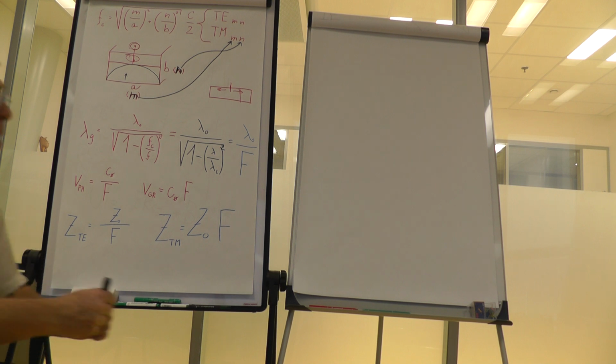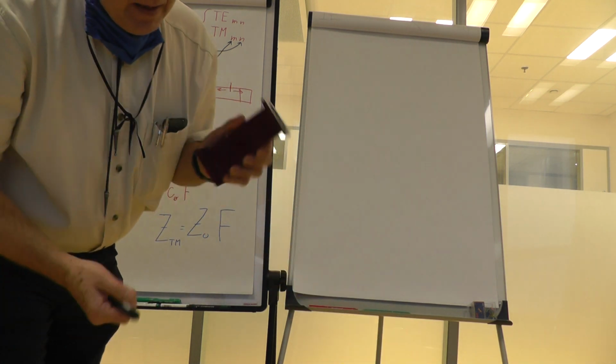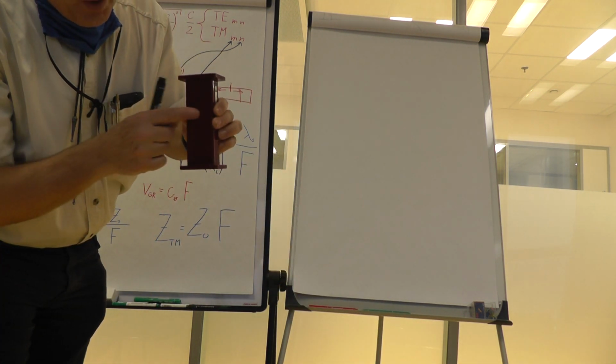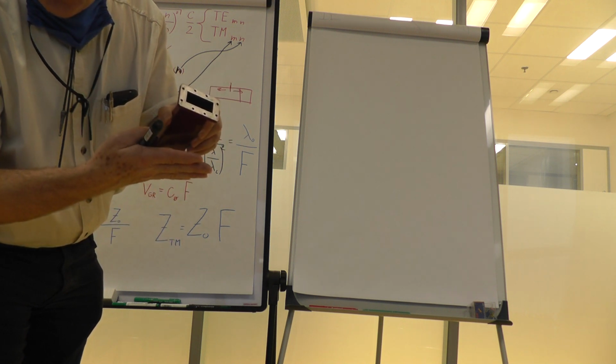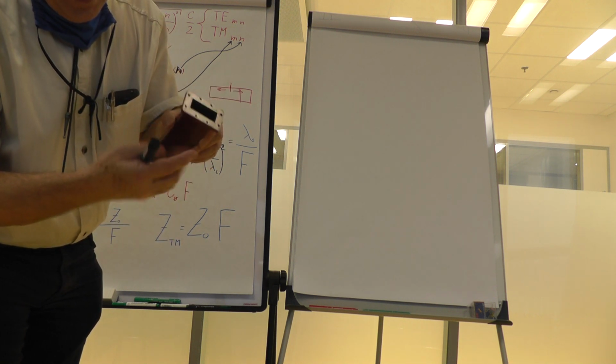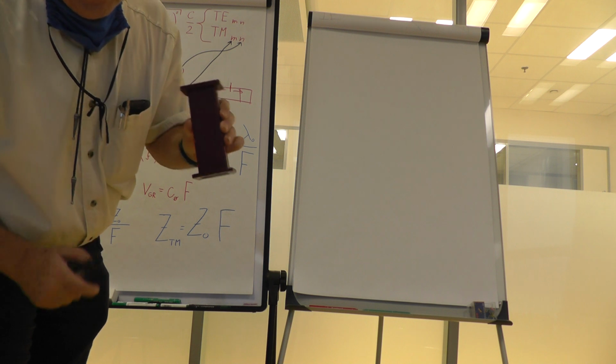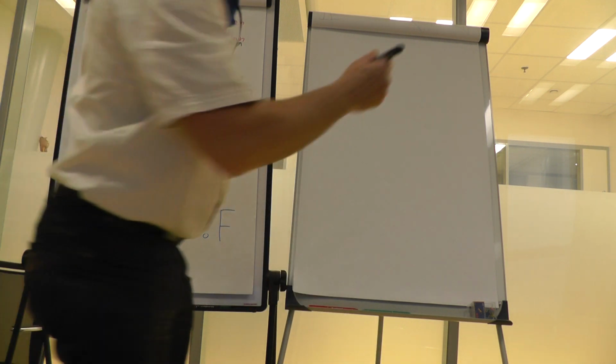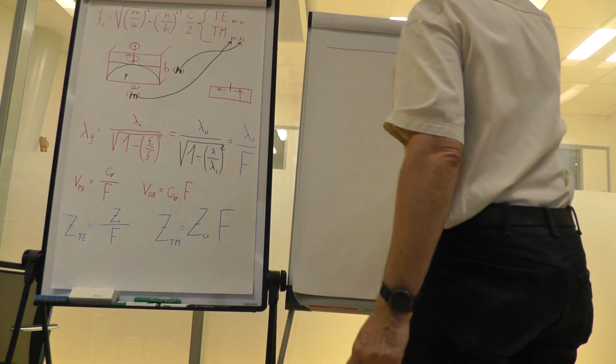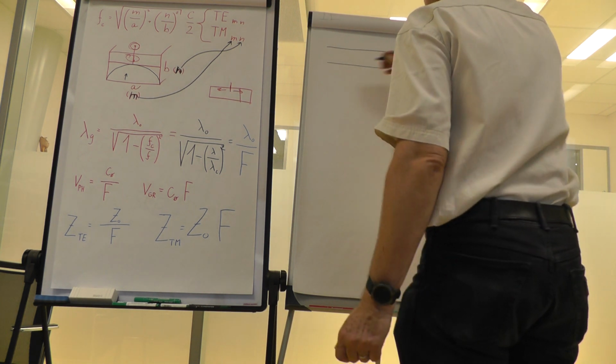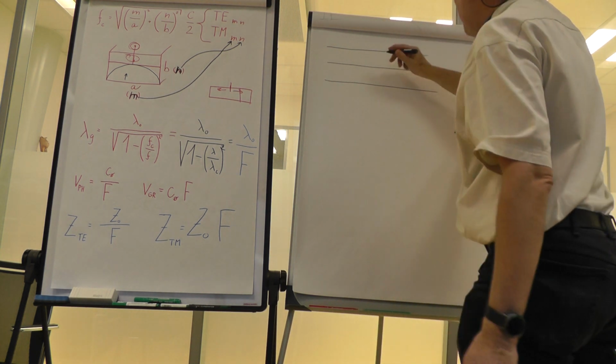Just imagine that you have two waveguides like this, placed with the broader wall one on top of the other, and you made a small hole in the middle of one of those waveguides. So I will draw that. We have one waveguide, and there is a second waveguide, and we make a hole here.